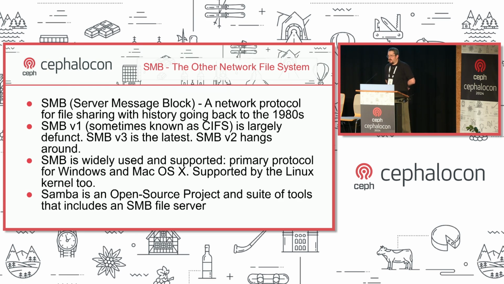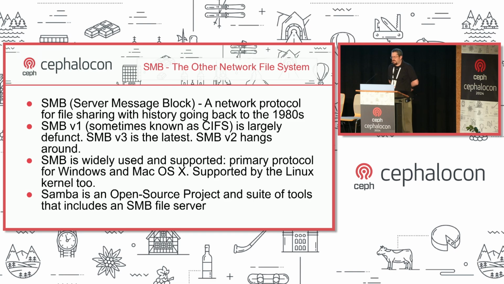Now, if you're still here and you're still interested in this topic, I will talk a little bit about SMB, which is a very common network protocol for file sharing. This is the native protocol for Windows. It's also well supported by OS X and Linux. I told myself I wouldn't say OS X, it's OS 10, but I did it anyway. So SMB has been around for quite a long time.